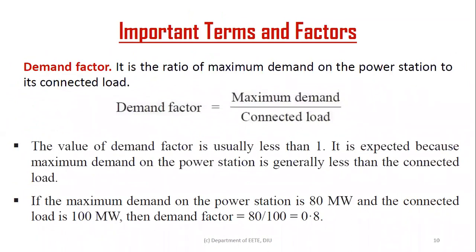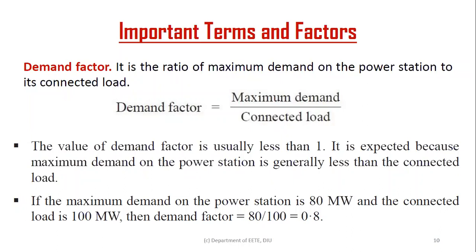The next term was the demand factor. So what is demand factor? Demand factor is basically the ratio of maximum demand divided by connected load. We all know that the connected load is bigger than the maximum demand. Why?